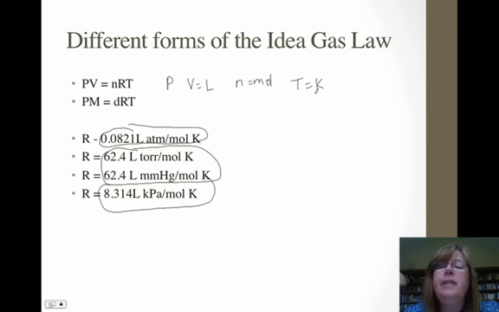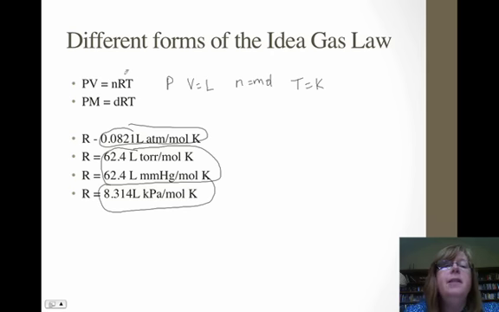Your temperature has to be in Kelvin because R is in Kelvin. And whatever pressure unit your R has would be the pressure unit that you end up with in your ideal gas equation. So if you're given a pressure in atmospheres, you'd use this R. If you're given a pressure in kilopascals, you would use the value 8.314.